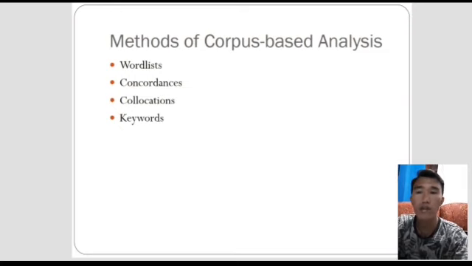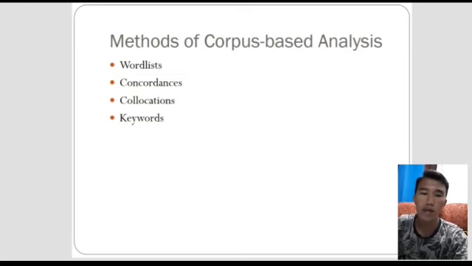Now we move on to the methods of corpus-based analysis. There are 5 methods of corpus-based analysis. The first one is word list, and the second one is concordances, collocations, and keywords.